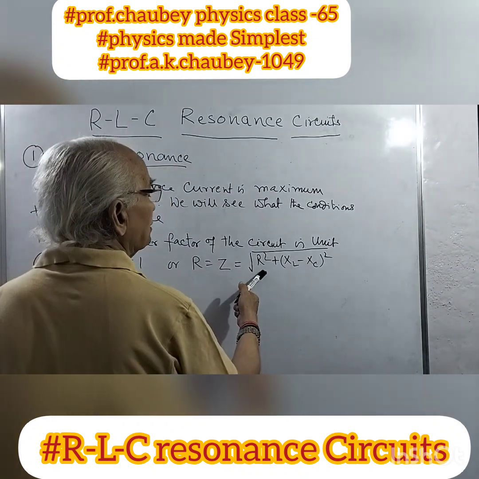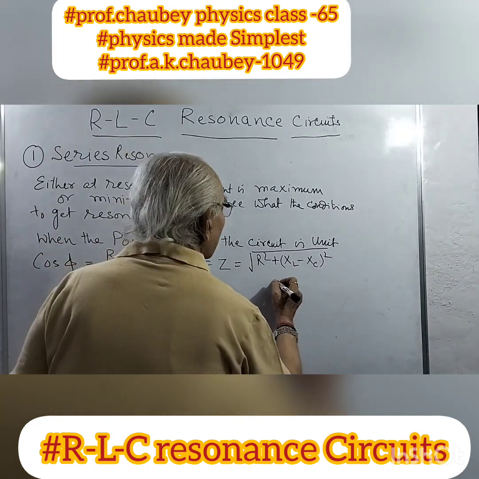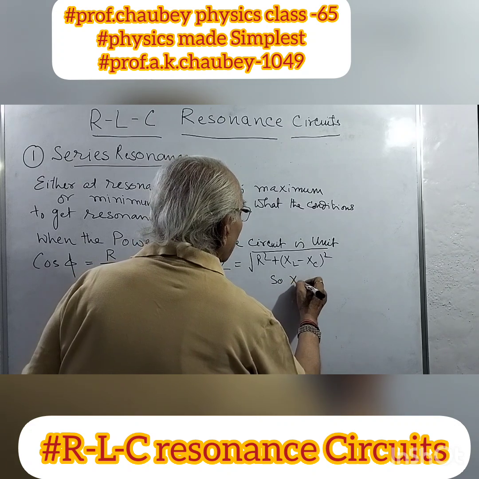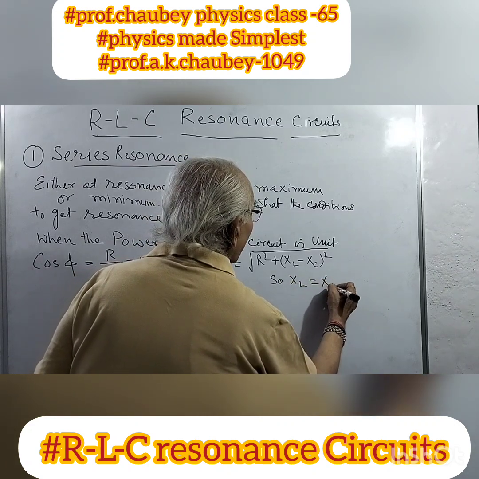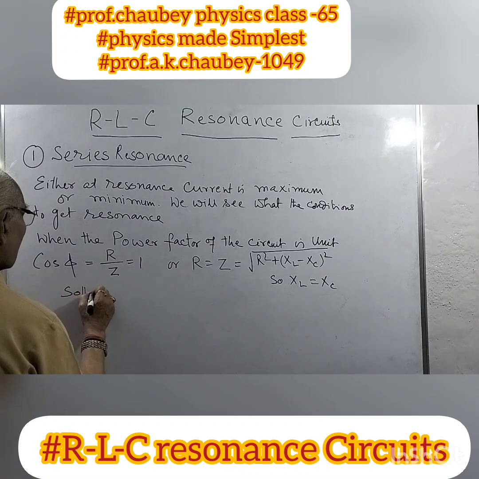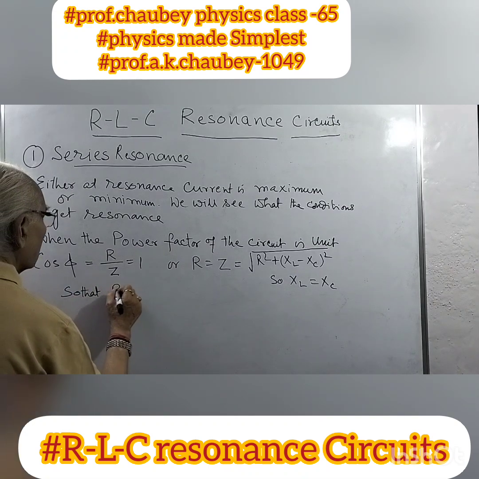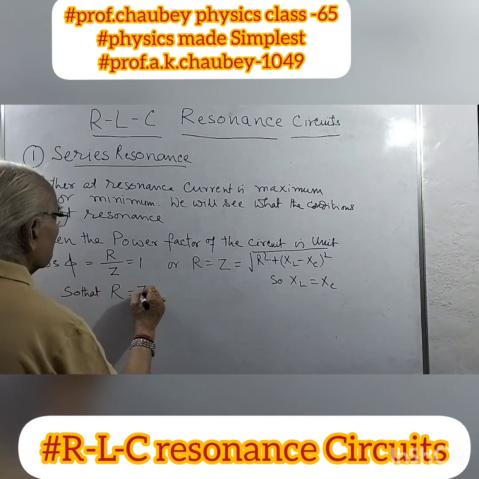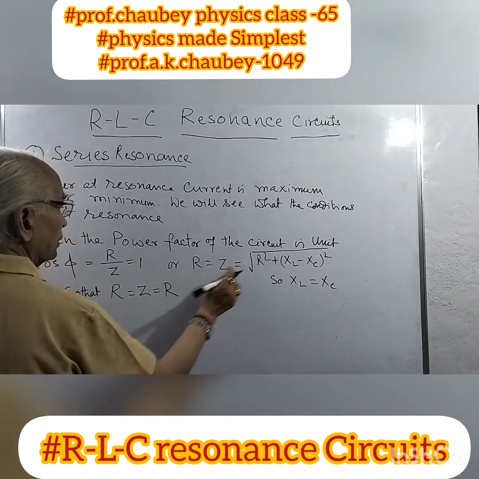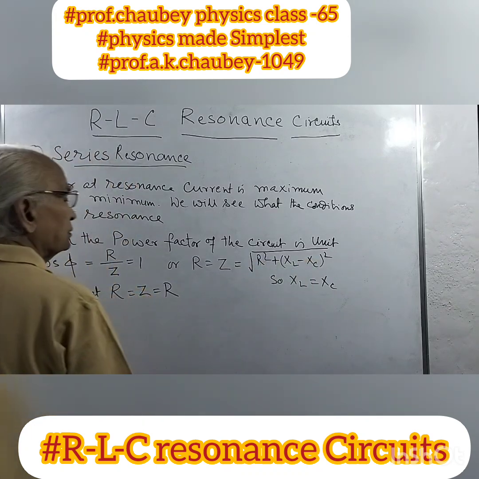R equal to Z means XL must be equal to XC, so that Z is equal to R.